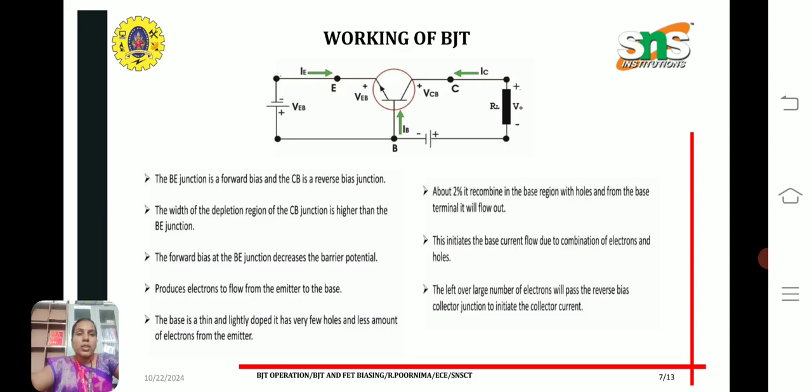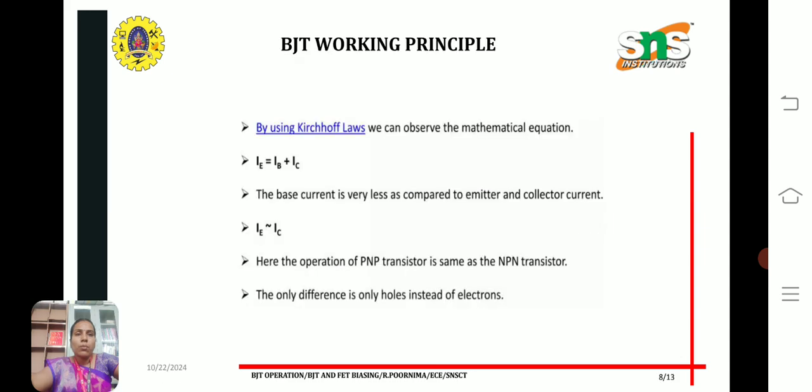About 2% recombine in the base region with the holes, and flow out of the base terminal. This initiates the base current flow due to the combination of electrons and holes. The leftover large number of electrons will pass across the reverse biased collector junction to initiate the collector current.